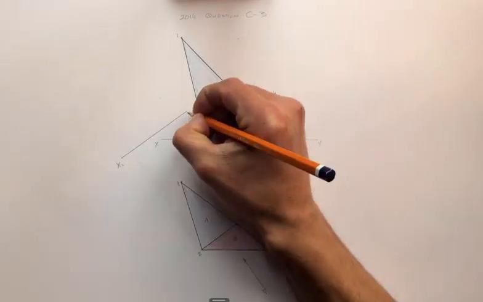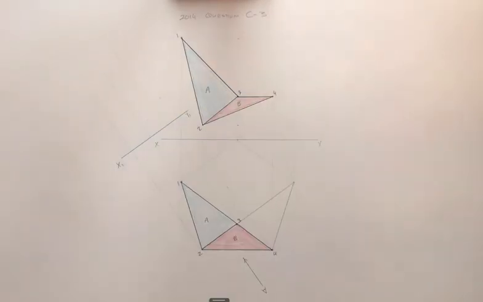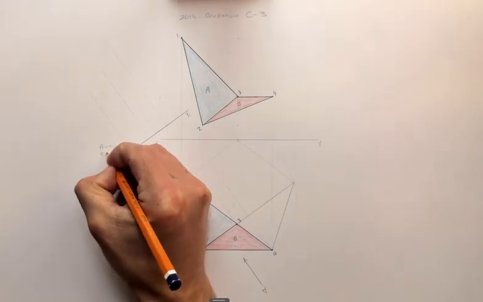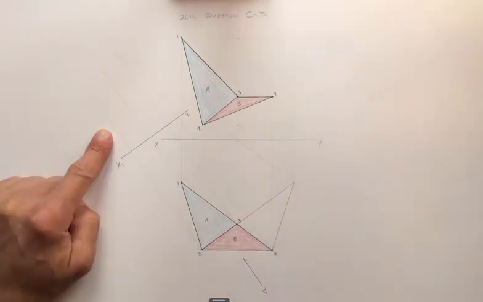This is our X1, Y1. Make sure you label it. This is an auxiliary elevation. So I'm drawing an auxiliary elevation.